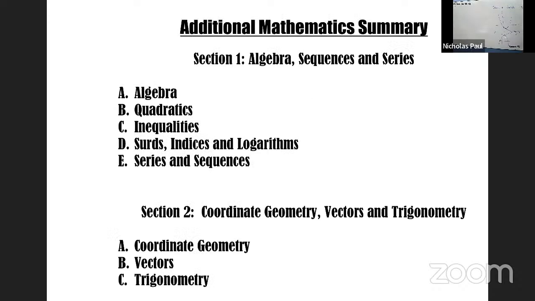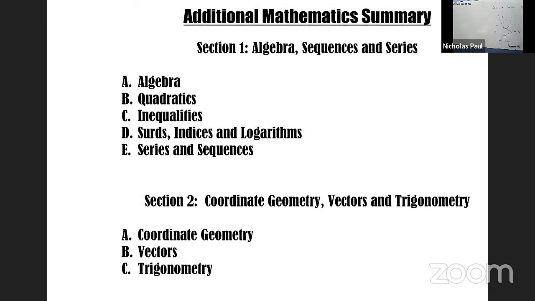Paper 1 has multiple choice. Paper 2 has all the topics that we're going to do, the structured, and has the SB. So in paper 2 and paper 1 as well, these are all of the topics that we had to cover.